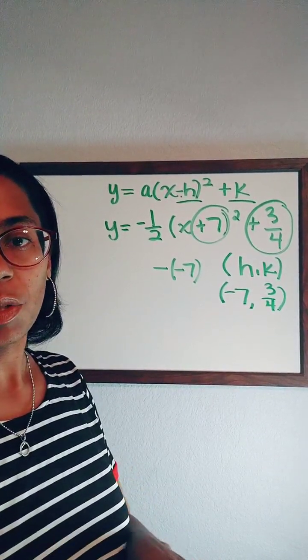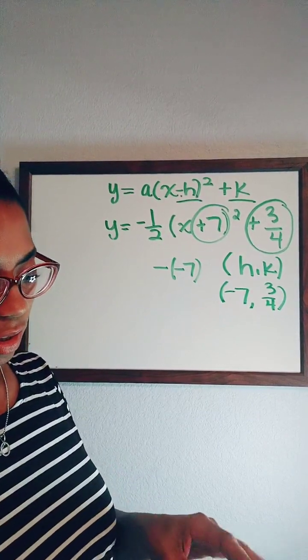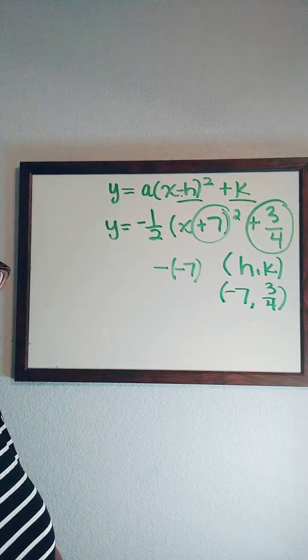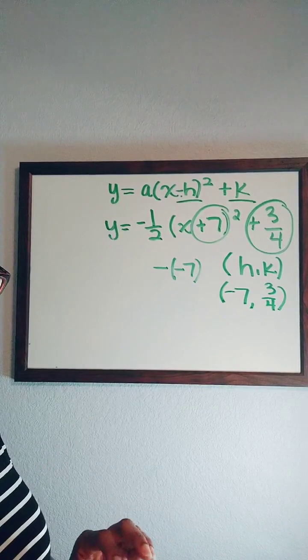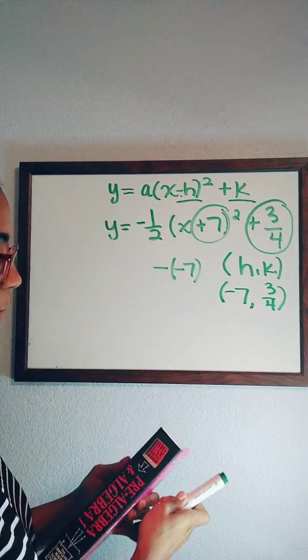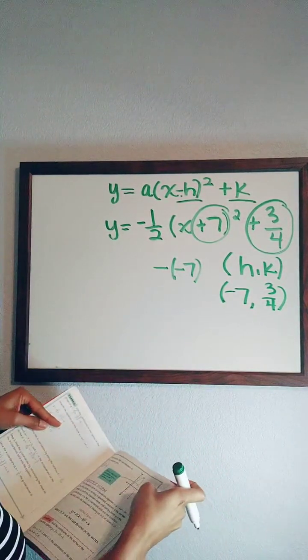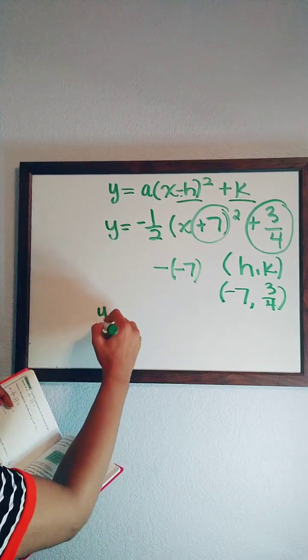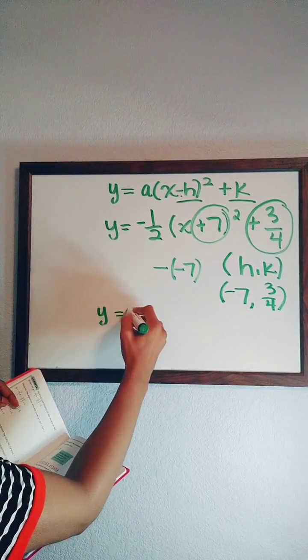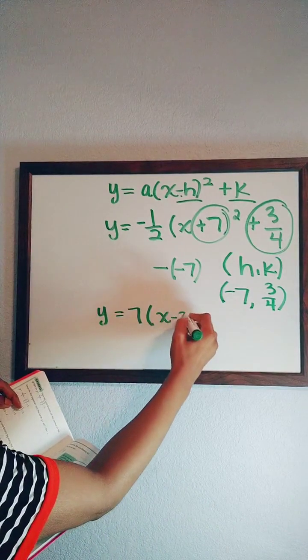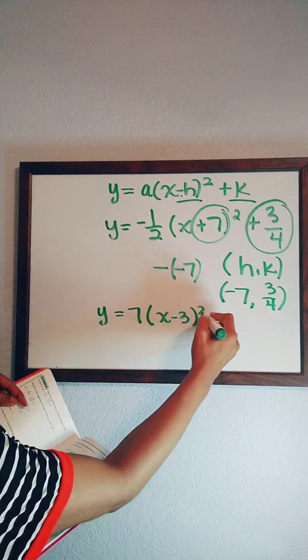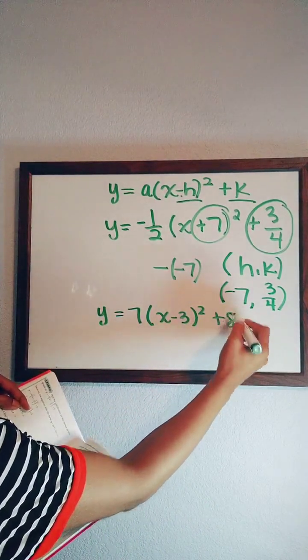Yep, we didn't take the 3. Yes, we did. Let me show you. The first problem we did last night, remember we took the 8. So this is the one we did last night. Did you write it down on your paper? Y is equal to x minus 3 squared plus 8.